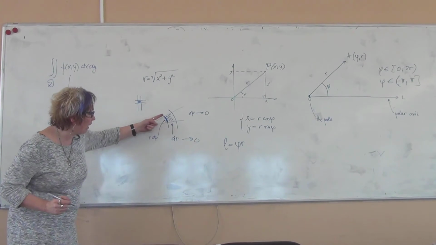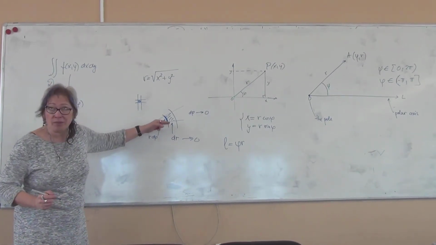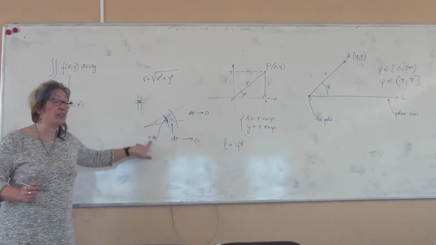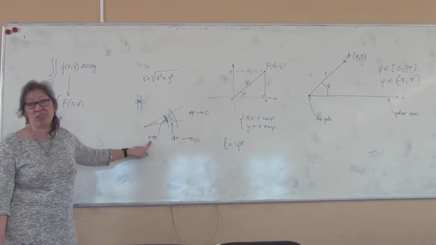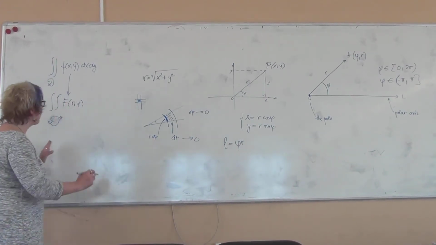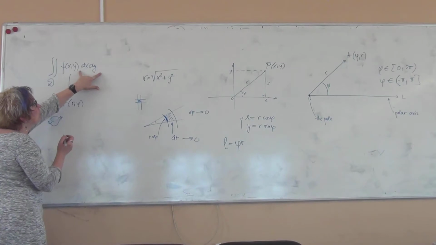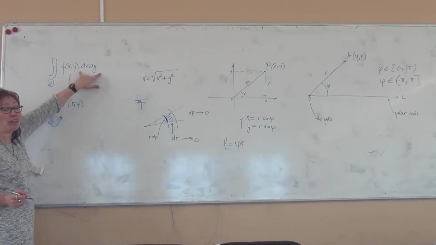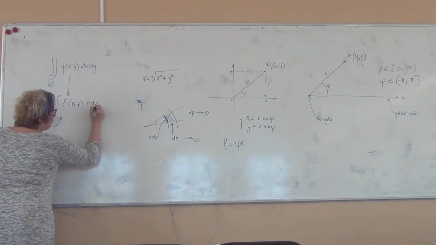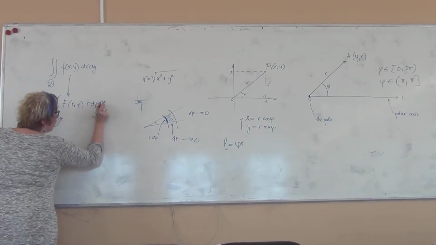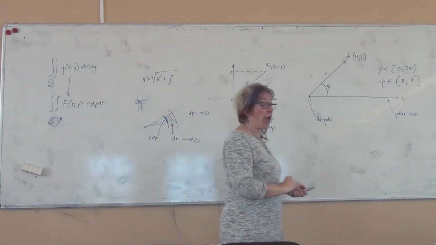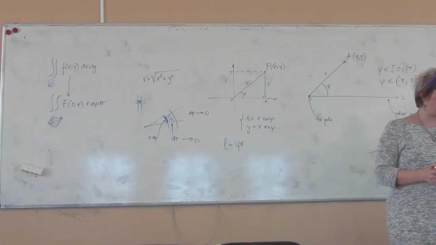D phi is the angle and r is the radius of the arc. So the length of this little tiny arc is not just d phi, because that's not length, that's an angle, but r times d phi. That means that instead of this product, dx dy, we have to write r d phi dr. So there's an extra r. An extra r appears in the integrand.